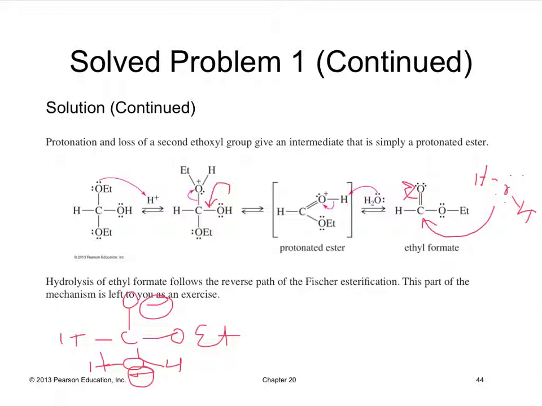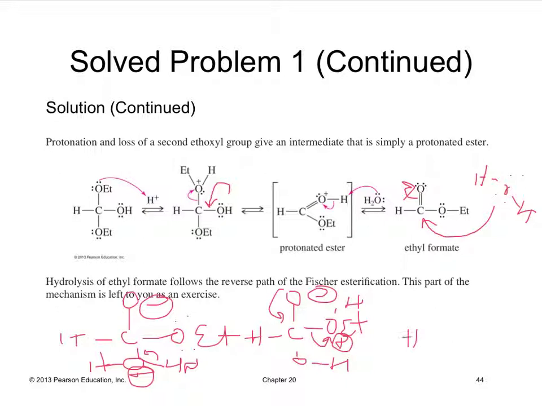From here, your OEt will take off a proton, electrons will go here, so now you have HC(OEt)(OH)(OEt). The electrons will come down and kick this over. Sorry, it has an H attached to that since we did the transfer, so this leaves, and now you have HCO2H.